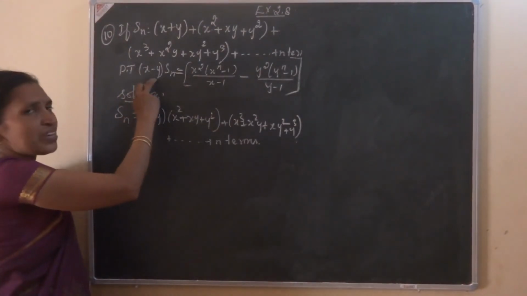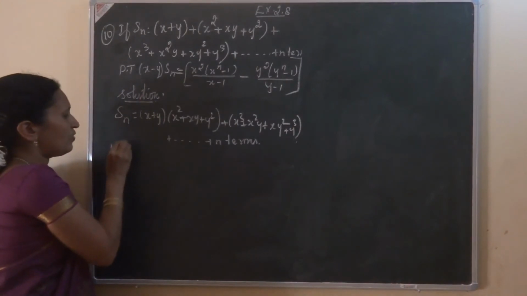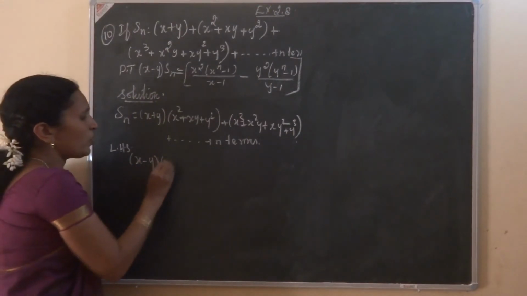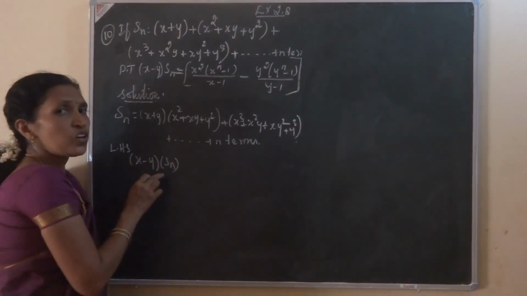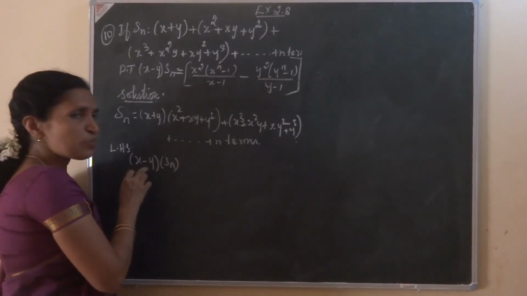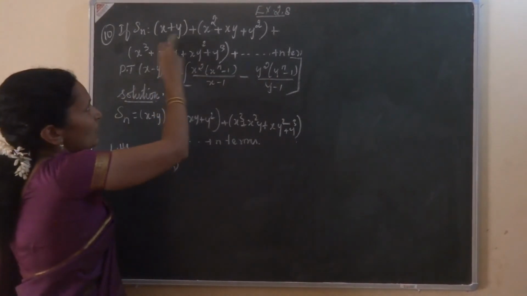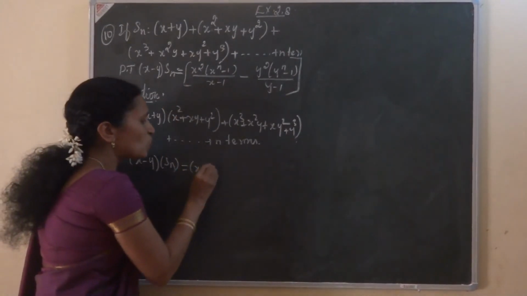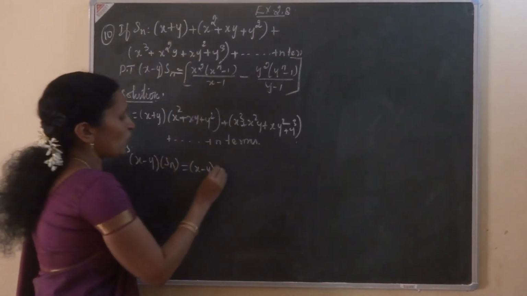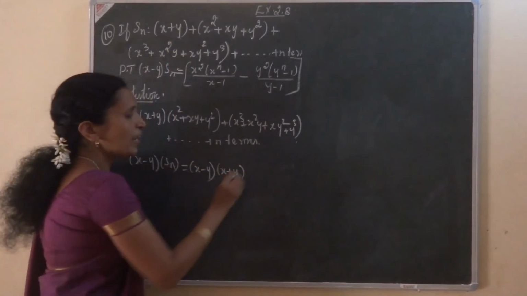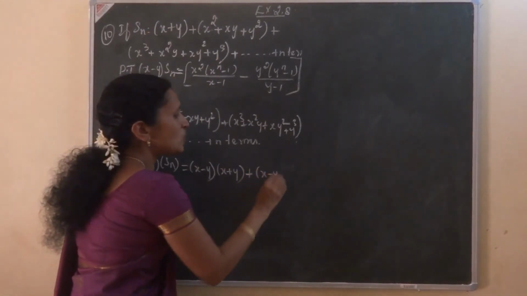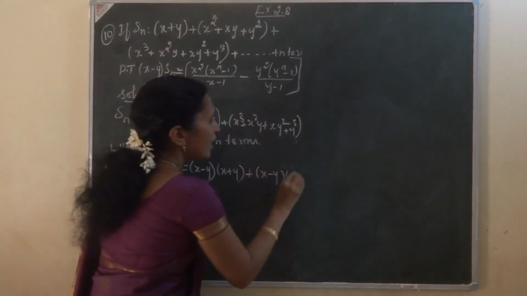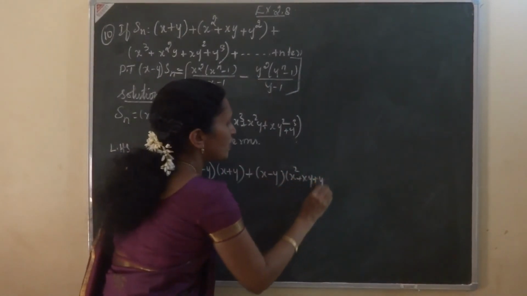So, shall we take the left hand side? LHS, what is that? x minus y into Sn. That is, you have to multiply x minus y by this Sn value. That is equal to (x minus y) into (x plus y), plus (x minus y) into the second value, x square plus xy plus y square.